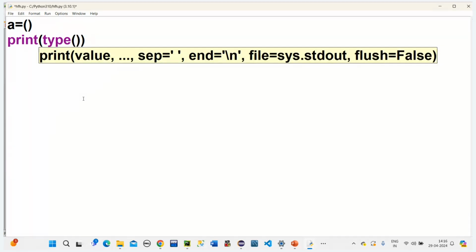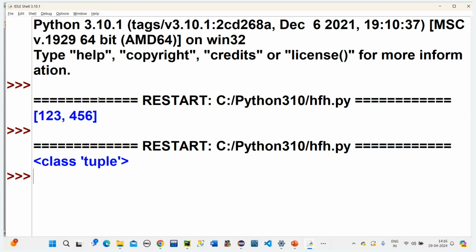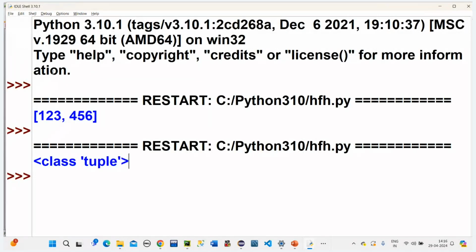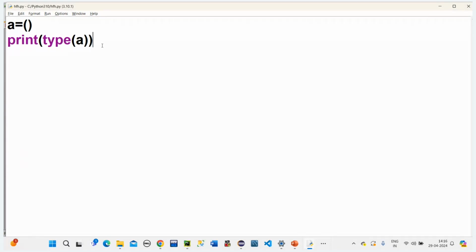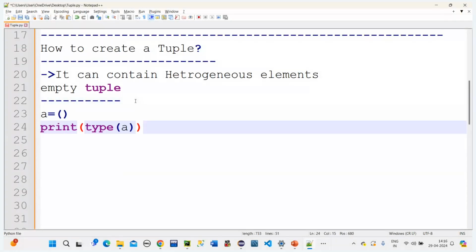A is equal to this, and then I'm printing the type of A. With this we can understand which kind of collection it is. It is a tuple. So this is how we create an empty tuple.